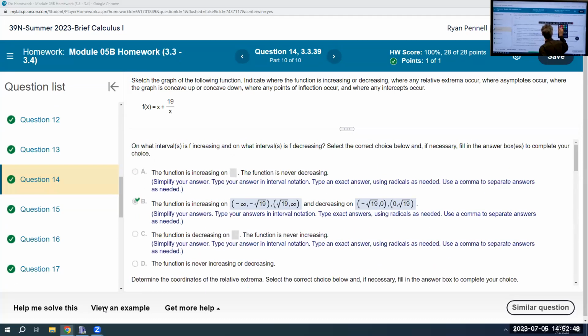I find that this one is a little easier in parts if I rearrange this. So I'm going to. This would be x squared plus 19 over x. I can rearrange that. I just multiply. It's just like thinking about the number 2 plus 1/2. Same idea. 2 times 2 is 4.